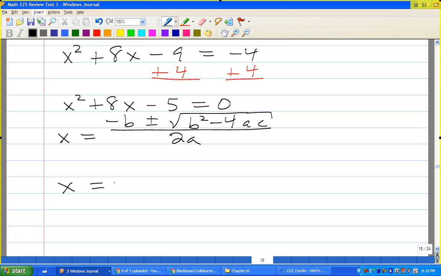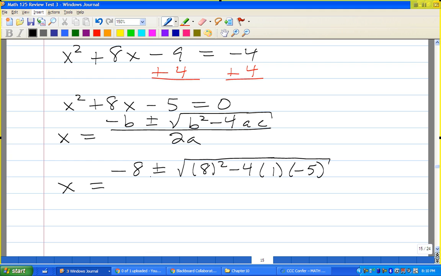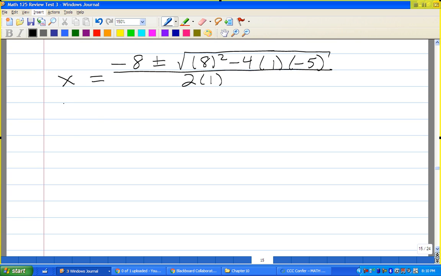And so x is equal to negative 8 plus or minus the square root of 8 squared, 64, minus 4 times 1 times minus 5, 20, all over 2.